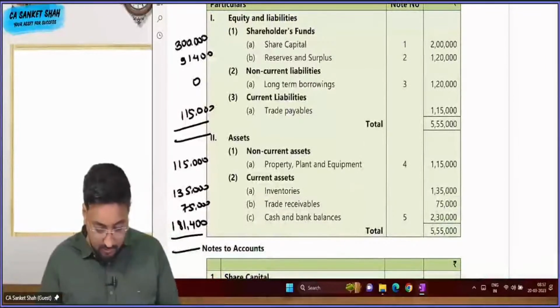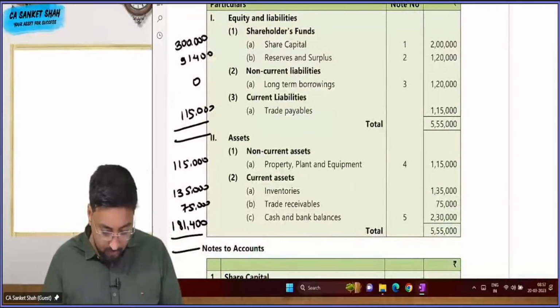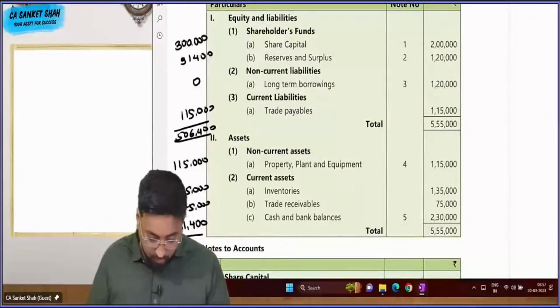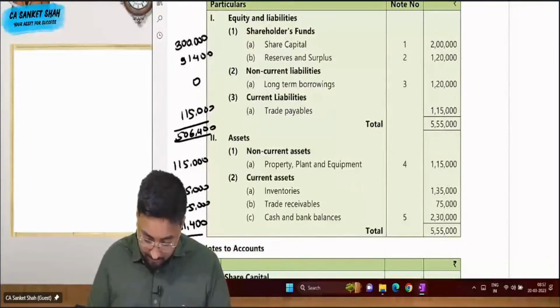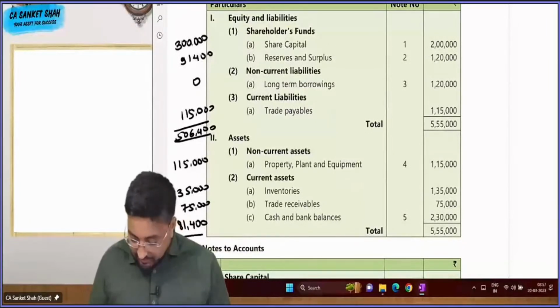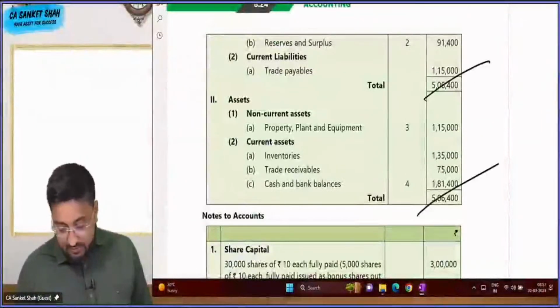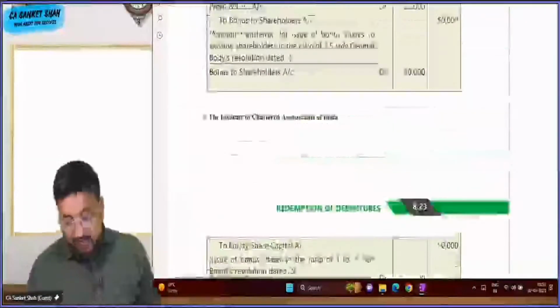Three lakhs plus 91.4, 506,400. Yes, 506,400. We are tallying at 506,400. Let's see. Yes. Answer is correct. You can write in the same way.